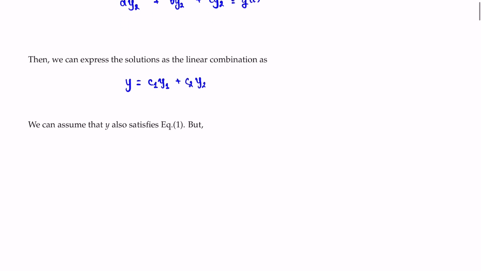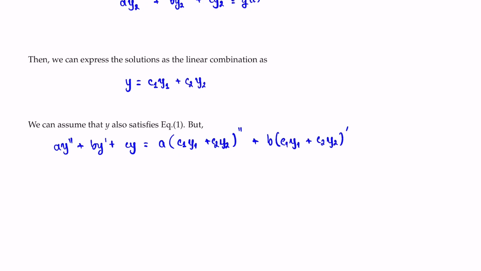So I'm going to take the left-hand side and work with it. So a y double prime plus b y prime plus c y. So a times c1 y1 plus c2 y2, take the second derivative of this, plus b times c1 y1 plus c2 y2, take the first derivative, plus c times c1 y1 plus c2 y2.